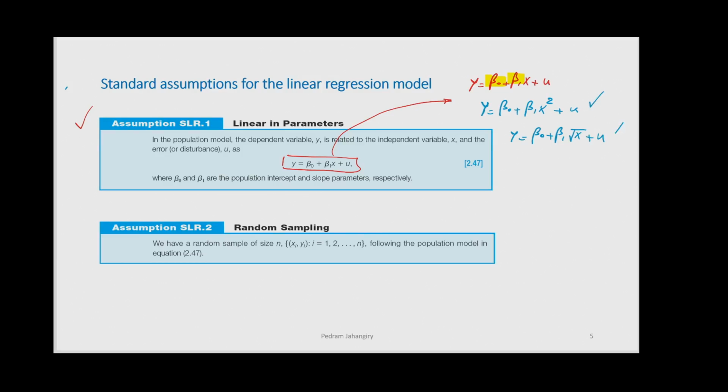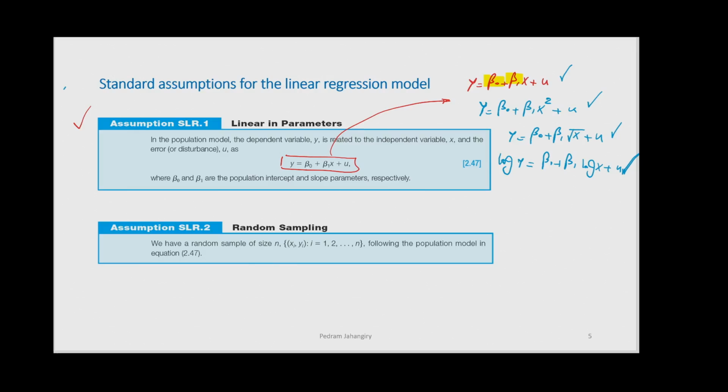Again, fine. One last one. Log y, the logarithmic version of y, is equal to beta 0 plus beta 1 log x plus u. Perfectly fine. There's nothing wrong with these models. They're all linear in parameters.